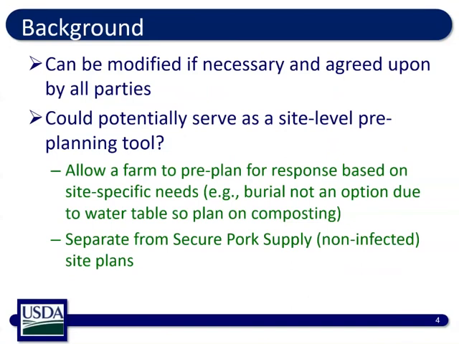One of the things we talked about in our April ASF exercises, at least in North Carolina, is that a herd plan template might be something useful for a farm to think about ahead of time: if we had to go through this scenario, what would be the best choices for our specific farm, based on a lot of different issues, like what type of farm it is, the geography, the environmental considerations, labor considerations, and that sort of thing.